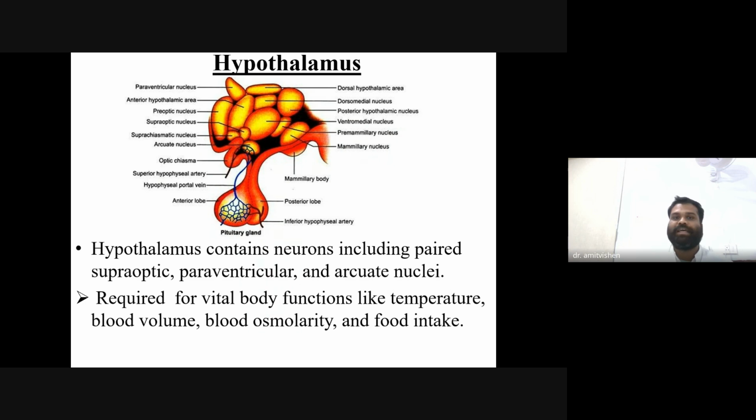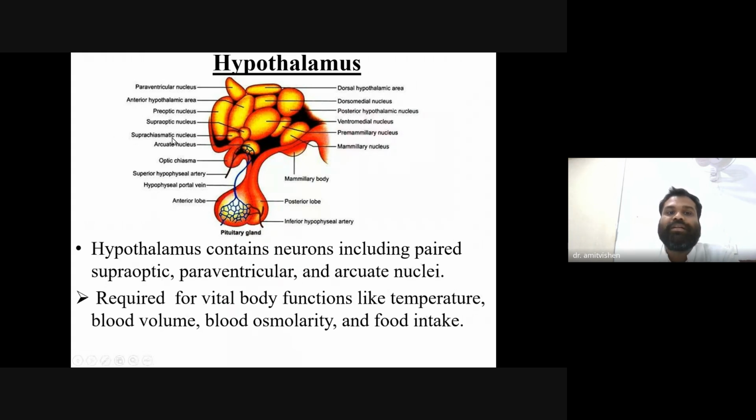Everyone knows that the hypothalamus is a big name when we talk about the endocrine glands. The hypothalamus basically contains some neurons and some paired nuclei. For example, the supraoptic nucleus, you can see here, and the paraventricular nuclei and arcuate nuclei. And the most important nucleus is the suprachiasmatic nucleus.